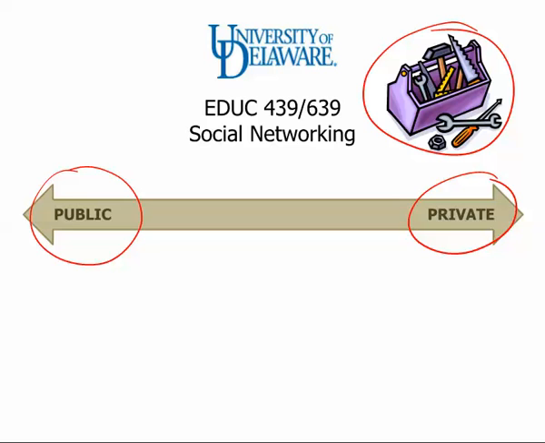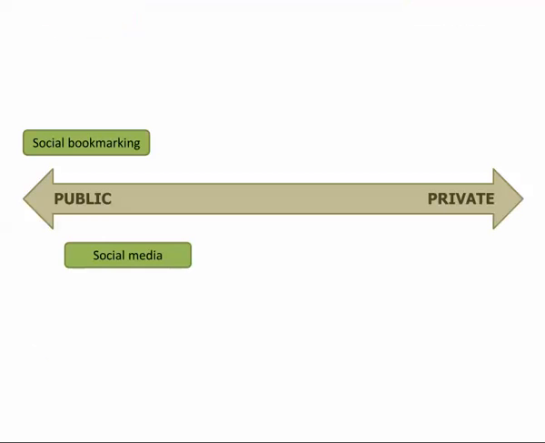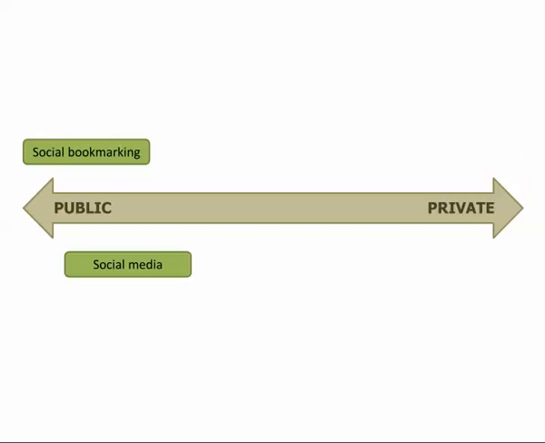Depending on the nature of the activities that we're going to do with those tools, we're going to choose different tools throughout the semester. So on the public side, we're going to be using first of all social bookmarking.